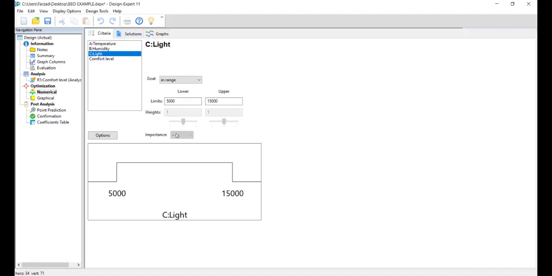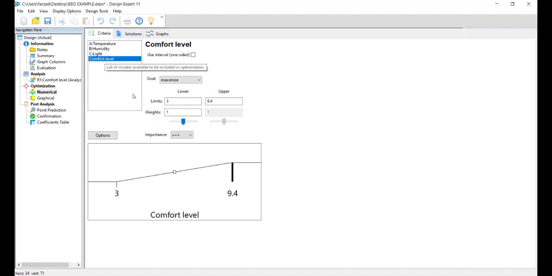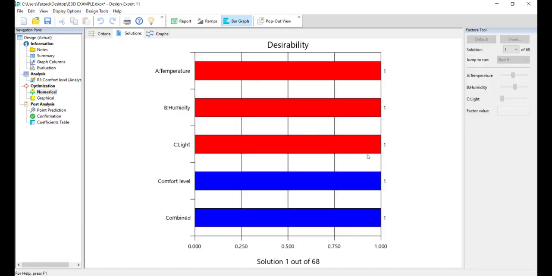Let's see our result. For responses, we can also select an importance level like what we had for design. Here we just leave it at 3 because we have only one factor, one response, so it is not that important. Let's see the solution. You can see the desirability here because we have already seen that the main effective parameter is temperature, and humidity and light are not that effective on our result.